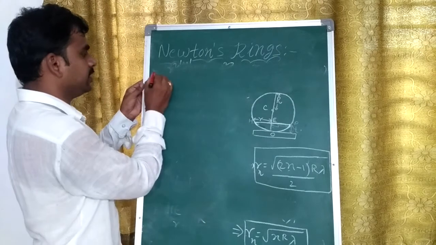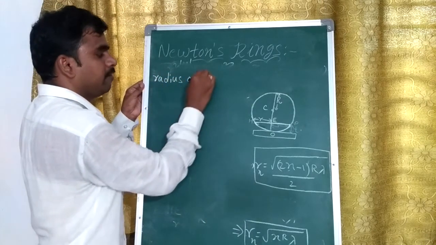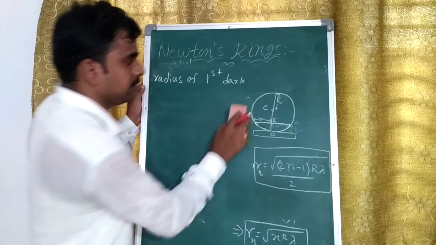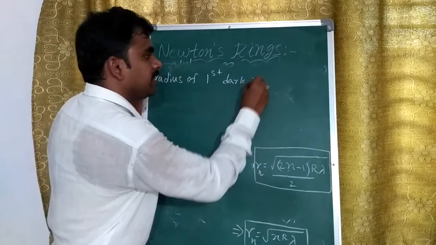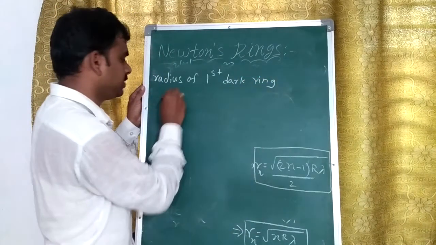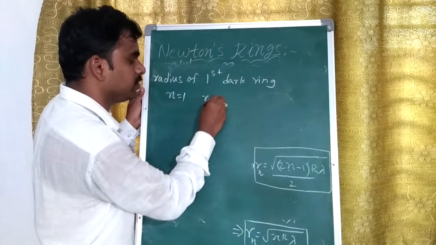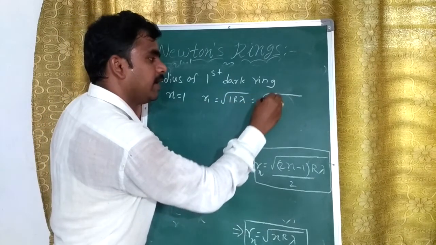Now we have to calculate the radius of the first dark ring. That means n equals 1. So when n equals 1, r1 equals the square root of 1 R lambda, which equals the square root of R lambda.